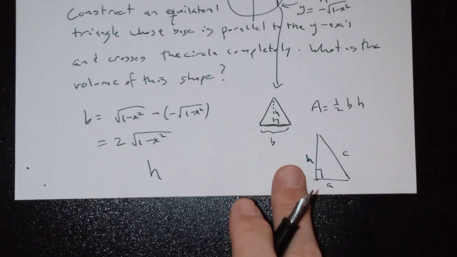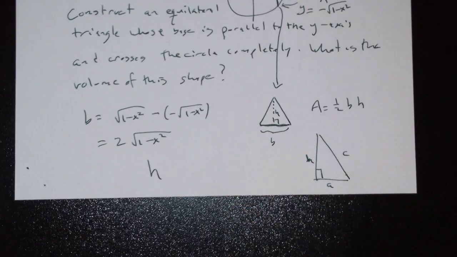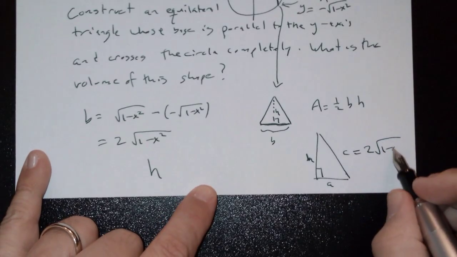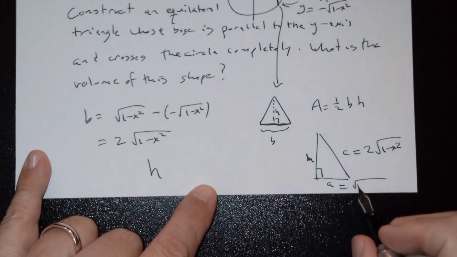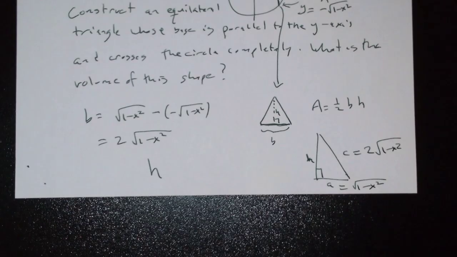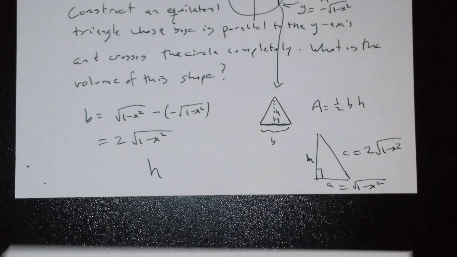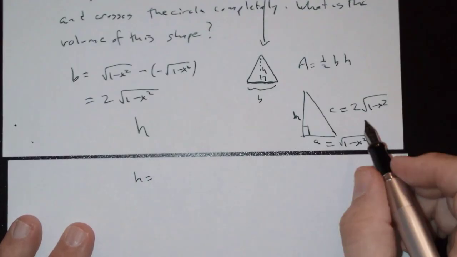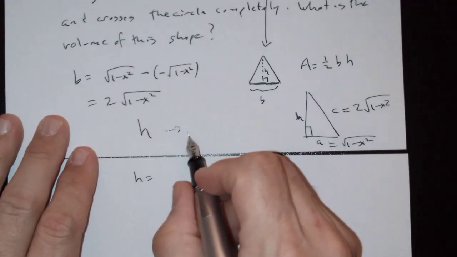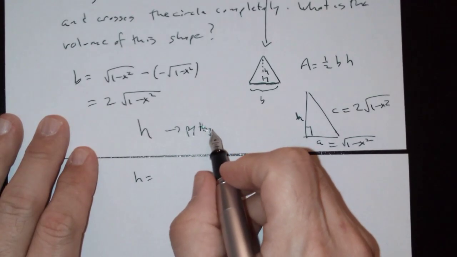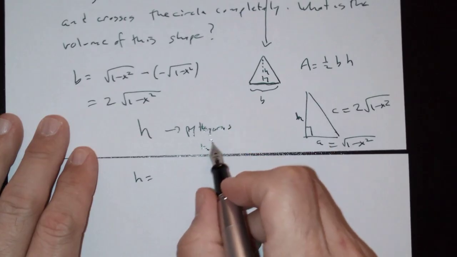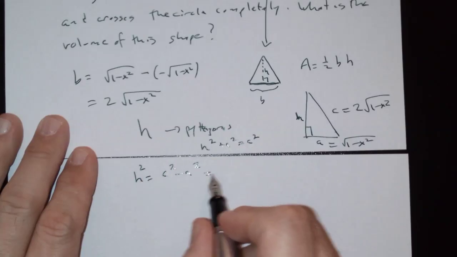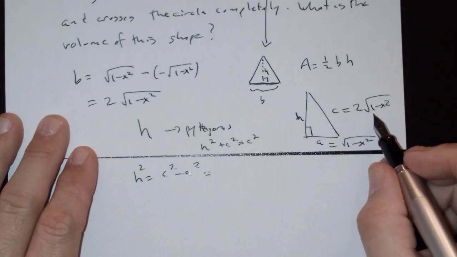I'm trying to find this one. Great. And that means that h is, well, Pythagoras would tell me that h squared plus a squared is c squared. So h squared is c squared minus a squared. Square that, what happens?